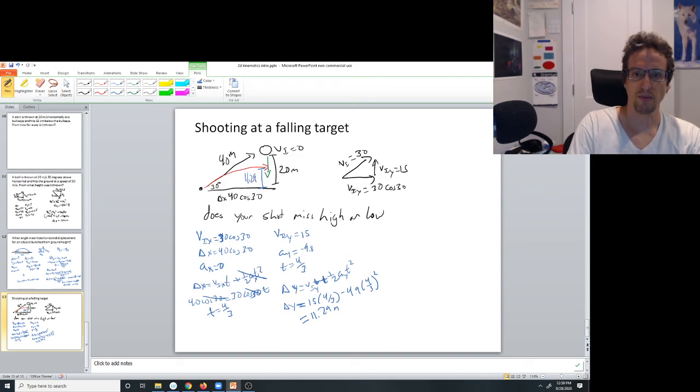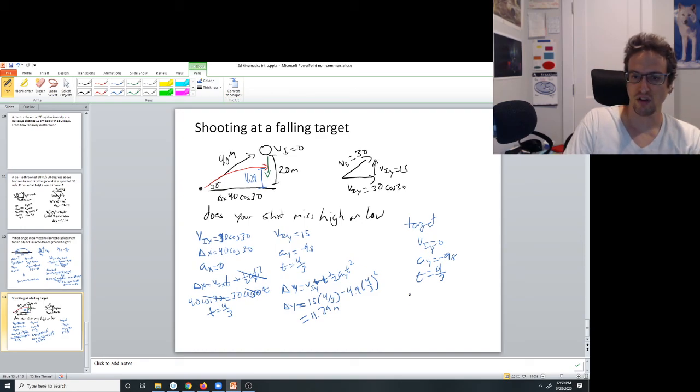But what about the target? Where is it? For the target, again, we also want to consider the time. The v initial is 0, the a_y is still negative 9.8, and the time is still 4/3. Because again, we want to consider where the target is and where the projectile is at the same moment.